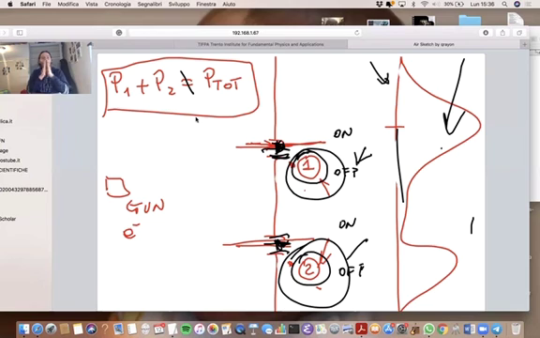This is a huge contrast with classical mechanics, because if I watch my basketball here, I can definitely, most definitely say it's either here or it's not. And the fact that I watch it or I don't watch it doesn't change the fact that this bloody basketball is still here.